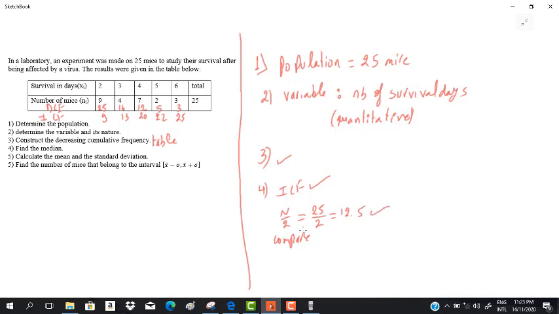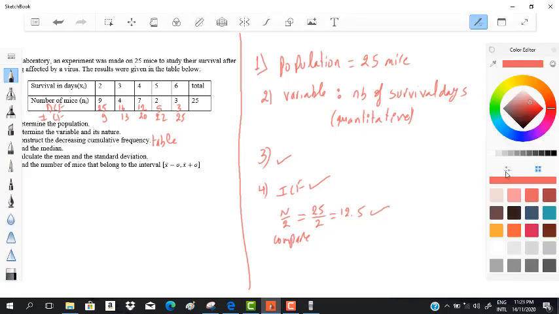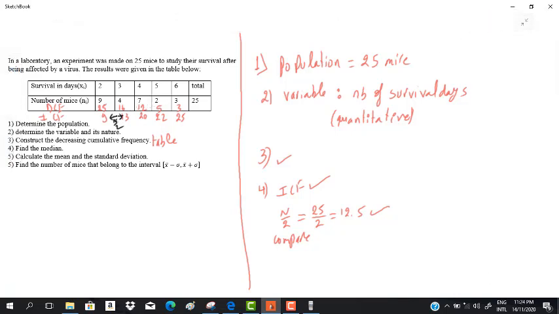Compare. n over 2 is between 9 and 13 because 12.5 is between 9 and 13. And the greatest value is 13, so median equal 3.